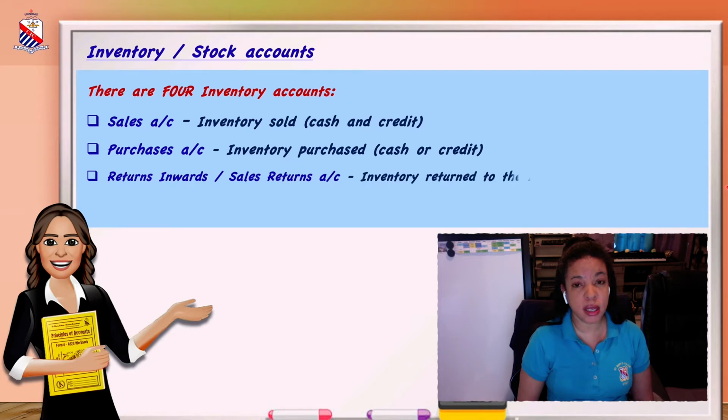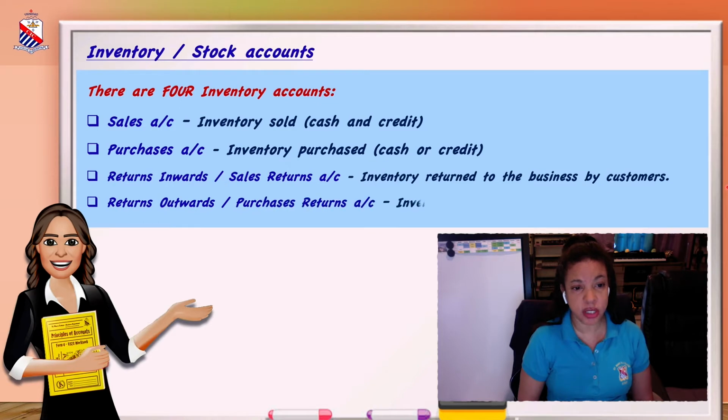Returns inwards account, also known as your sales returns account. And your returns outwards, also known as your purchases returns account. Right, so these are your 4 accounts that represent inventory. They are for inventory only.